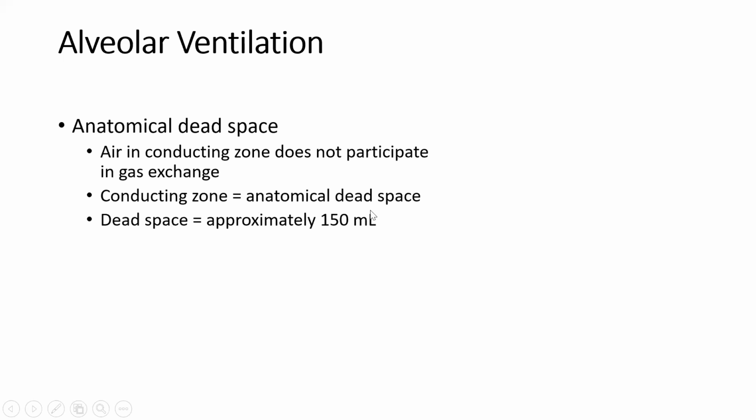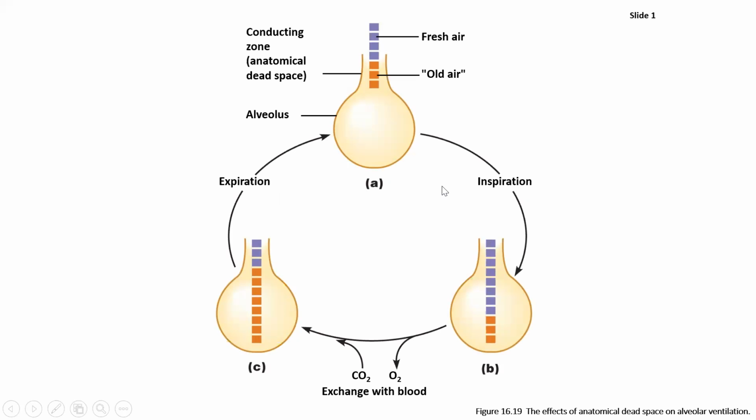That volume is typically about 150 milliliters. And so the alveolar ventilation, which is a more specific measurement of our rate of ventilation, does take that 150 milliliters into account.